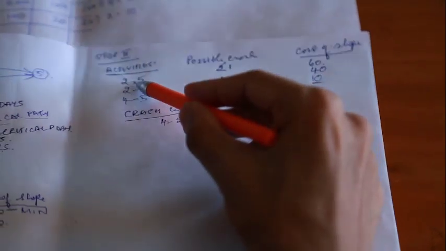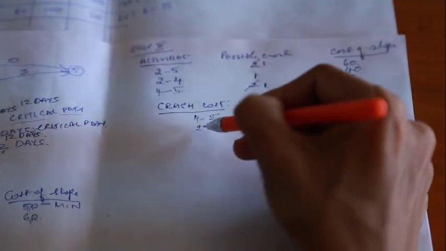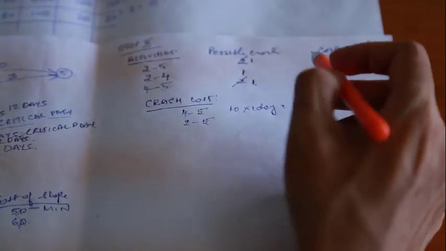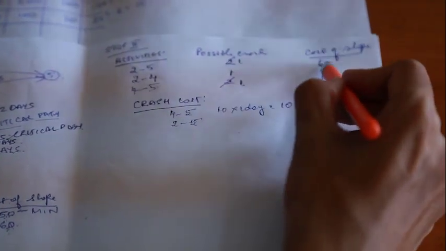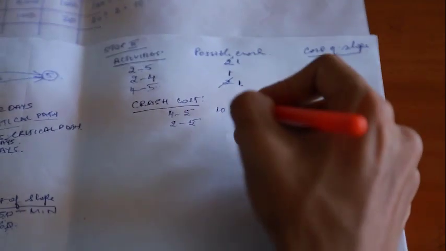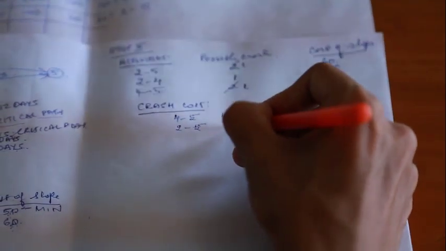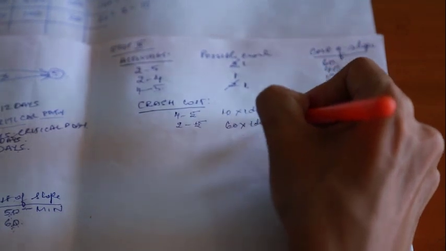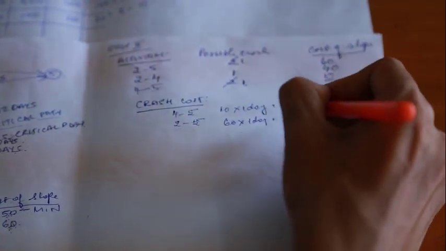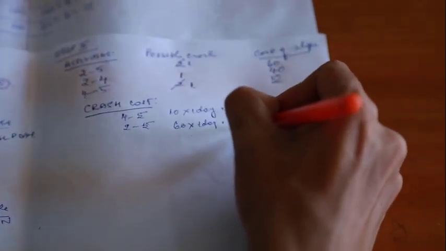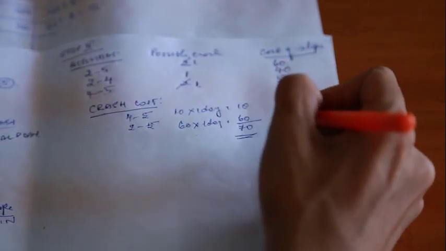And for activity 2 to 5, 1 day, the cost of slope is 60. So the total cost of slope will come up to rupees 70.